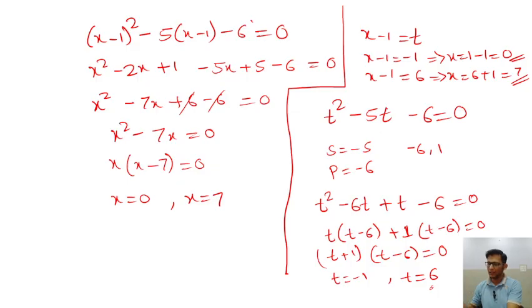Okay, let us take another question which has some irrational number attached to it. Okay, so let me take an example of x square plus 5 root 3 x plus 12 equal to 0.